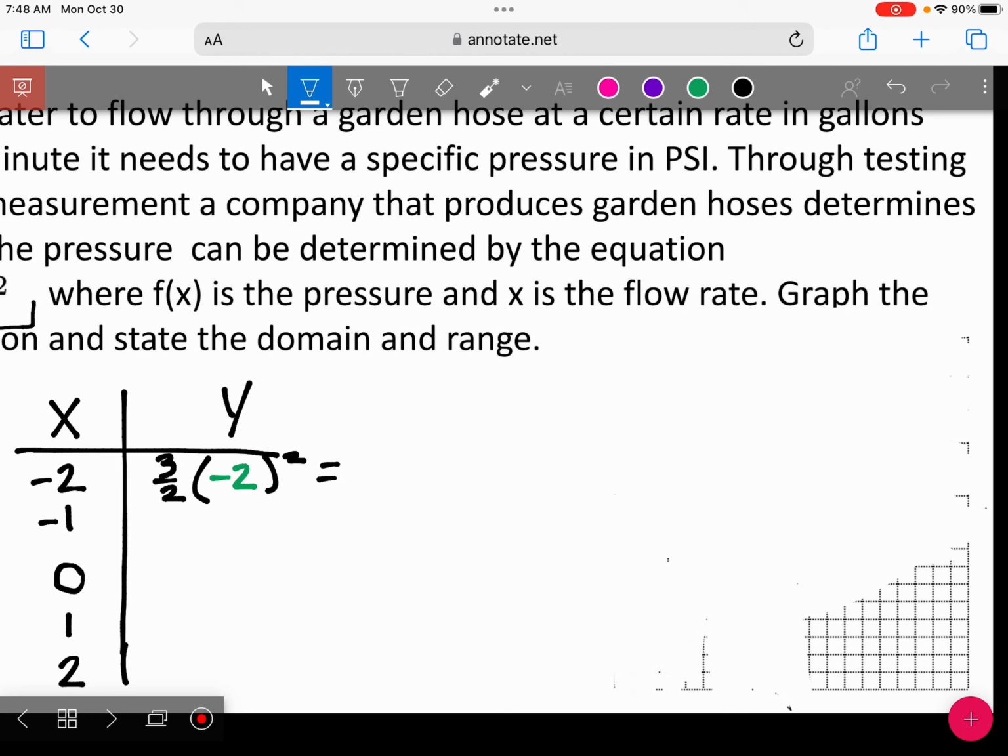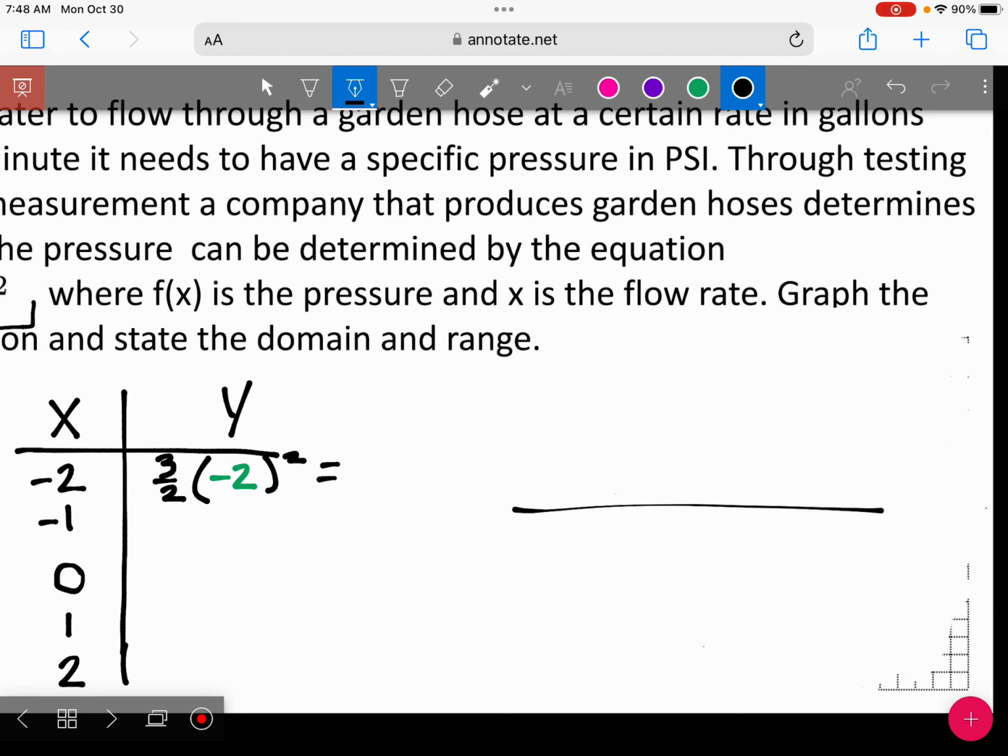I didn't get a chance to make graphs or get the boxes out or anything like that. So the way I would draw this for you, I would give myself a little grid. And I know when x is -2, my y is 6.